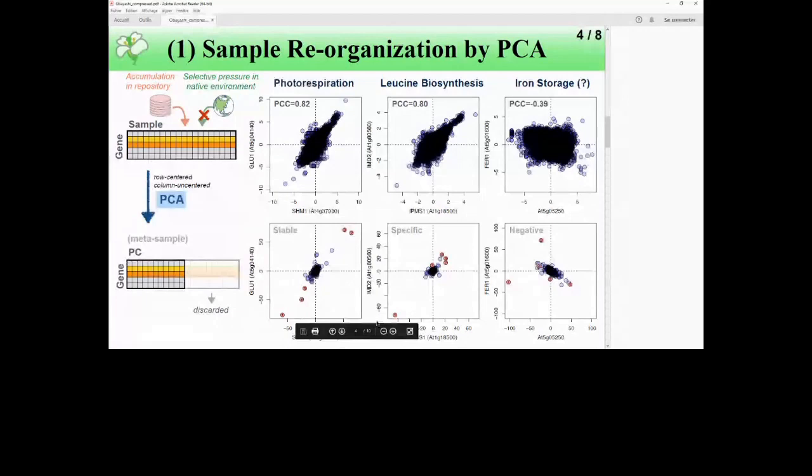Now the third case is also interesting. In the original data set, the third case is negative correlation, negative co-expression. But now we can easily see quite a straight linear negative correlation here. But this correlation is actually masked by the first and second principal components.